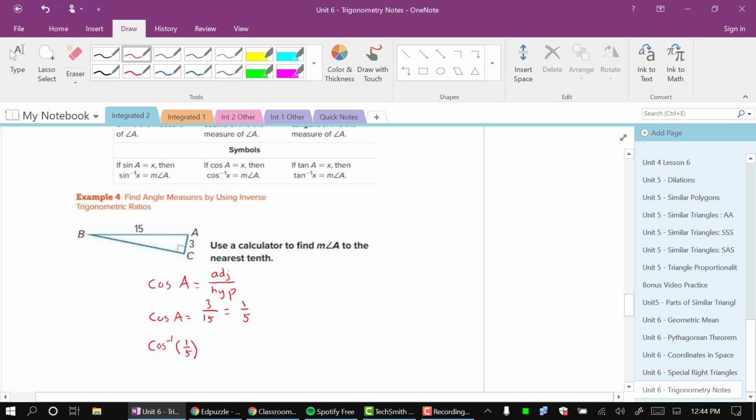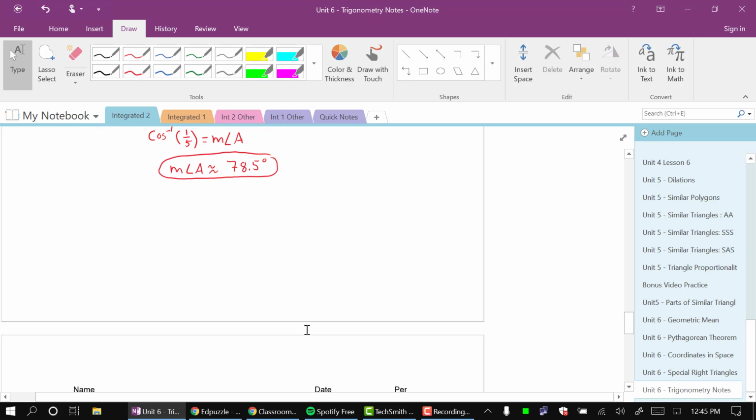Inverse cosine of 1/5 equals the measure of angle A. So type this into your calculator, cosine inverse of 1/5. We get that the measure of angle A is about 78.5 degrees. Again, we get all the way to here, and then we have to type it in our calculator to get out what we have.